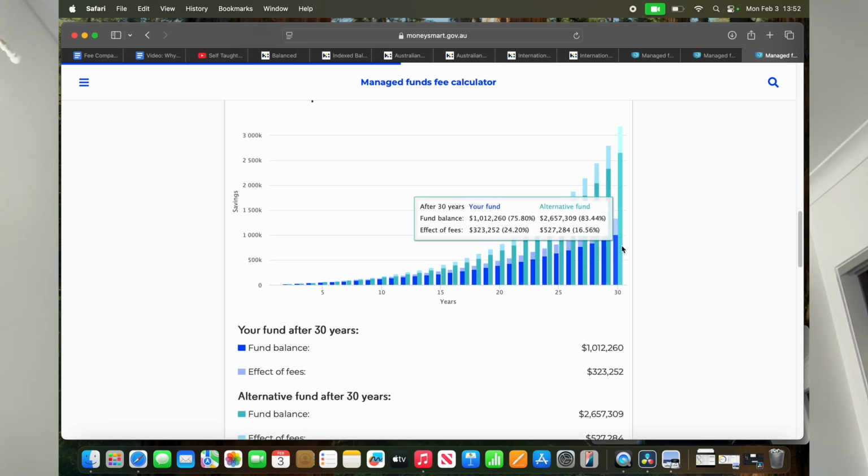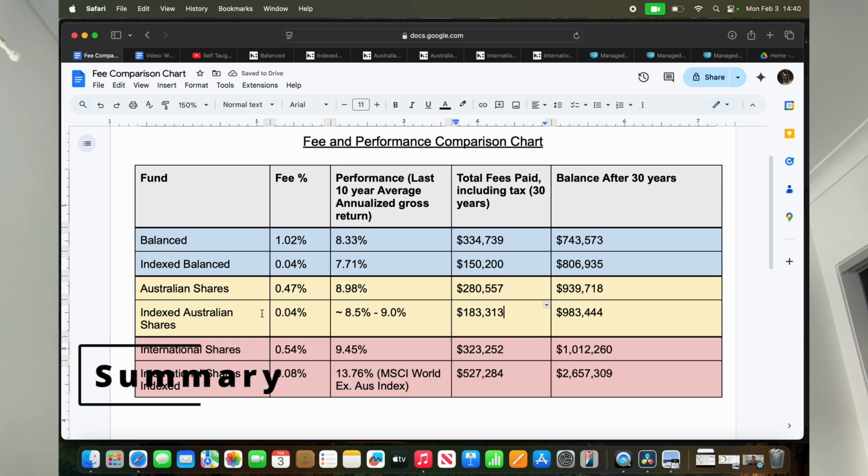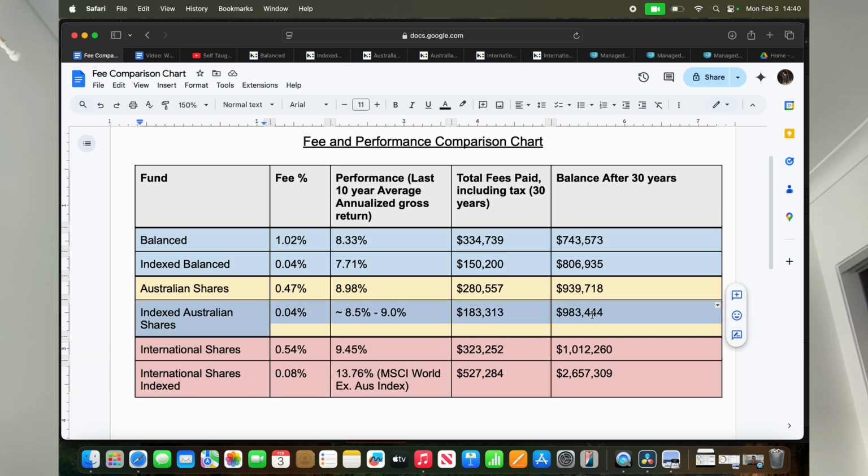And when comparing the two, you can see that your actively managed option is going to be paying about 75% in your returns and 24% in your fees, and 83% for your index option in returns and about 16% in fees. Now, after completing my research, I realized that the indexed Australian shares was the best option for me for getting exposure to the domestic Australian market.